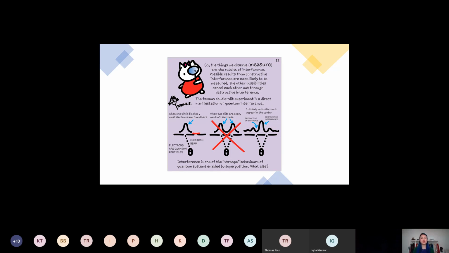This is what's strange about quantum systems. And they are enabled by superposition. And superposition enables interference. And these are 2 of the most important concepts, superposition and interference.